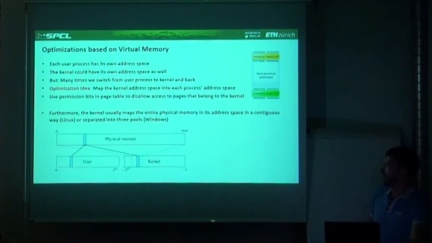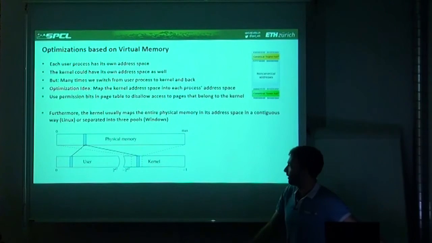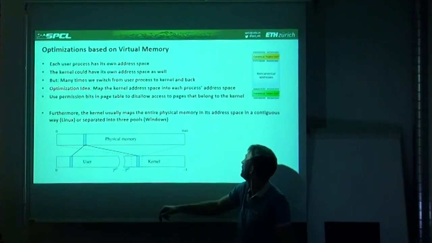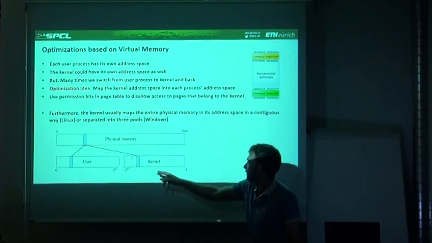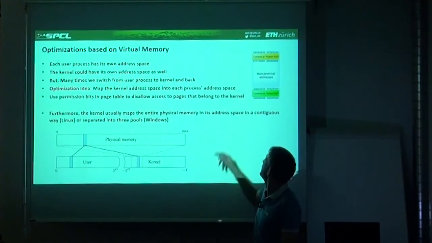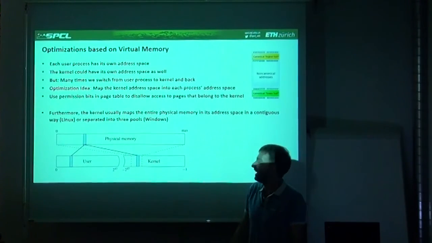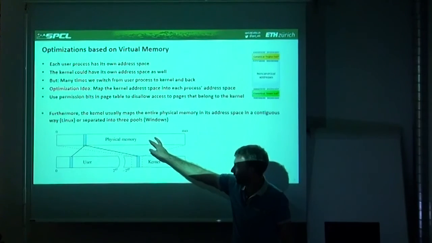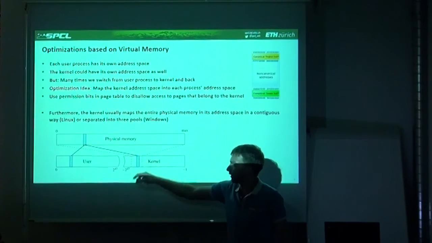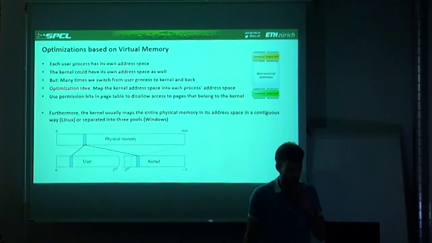Or there are other reasons why the kernel usually maps the entire physical memory in one consecutive part of its own address space. So it looks like this, right? We have this user address space part on the bottom here. We have our kernel address space part on the top here, and this is obviously not drawn to scale, otherwise it wouldn't work. We have our entire physical memory, which is a part of the kernel address space also.